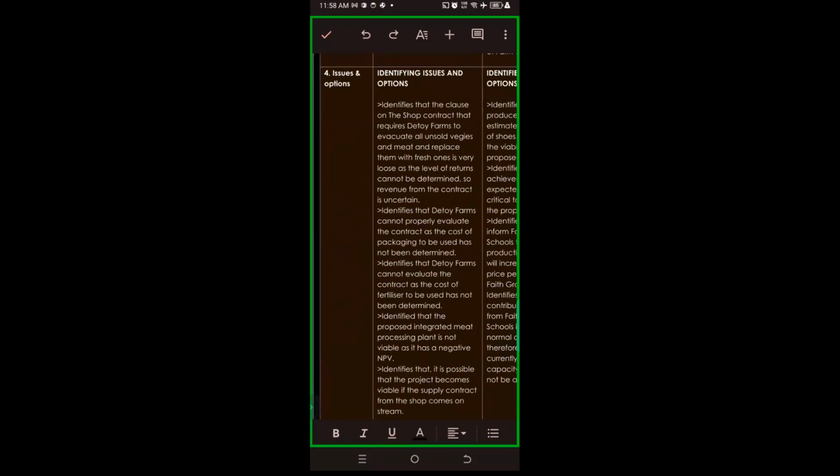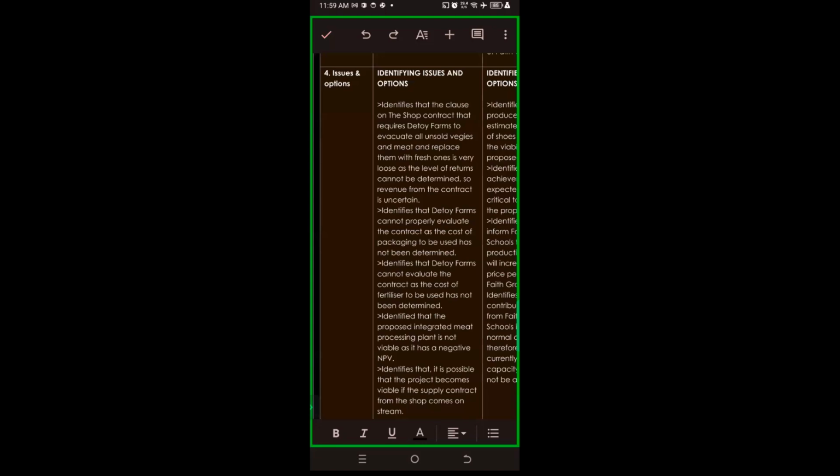So issues and options will be those critical issues that we have identified based on the requirement. We have seen that the investment is not viable, and there are unfavorable terms in the contract. Let's see what they identify as the issues and options. When you are looking at the issues and options, you can relate it to what is internal to the project at hand or to the complaint.